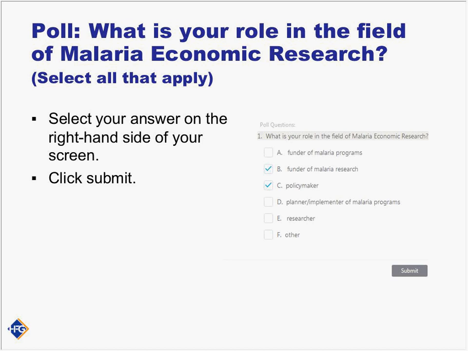Note that you can select more than one option. We know that many of you play multiple hats in this sphere.